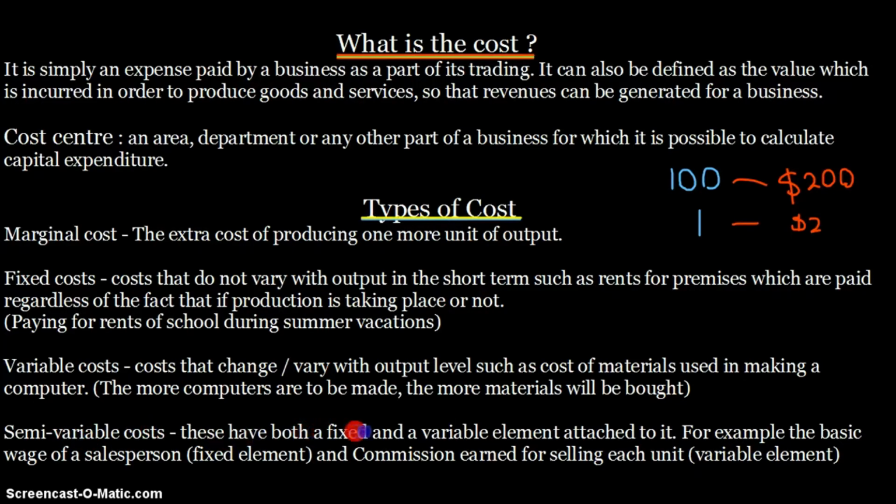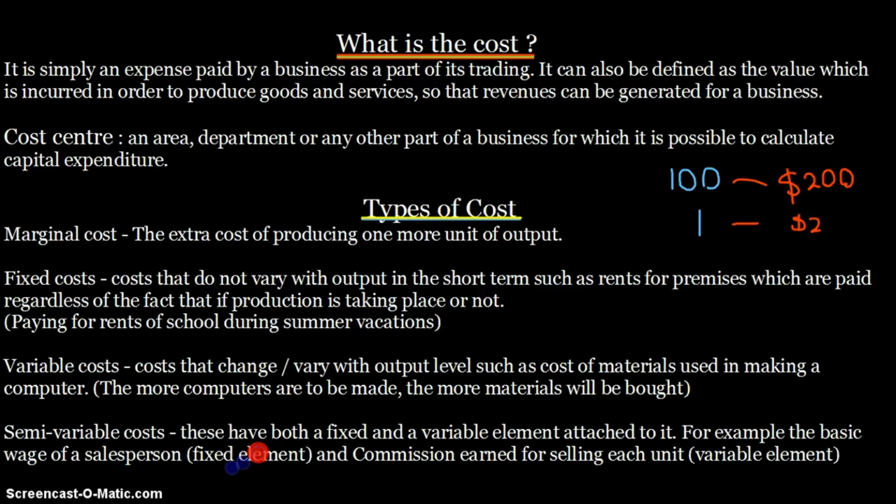These have both a fixed and a variable element attached to them, so that's something different. A good example could be the basic wage of a salesperson, like those who sell you life insurance.